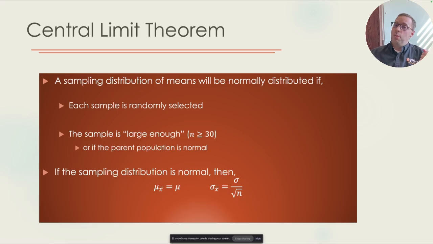Okay, when we get into stuff starting next week, these two conditions, sample being randomly selected and sample being large enough, absolutely have to be met. Absolutely have to be met. Okay? There will be some cases where the sample being large enough, we can let that slide if the parent population is normal.